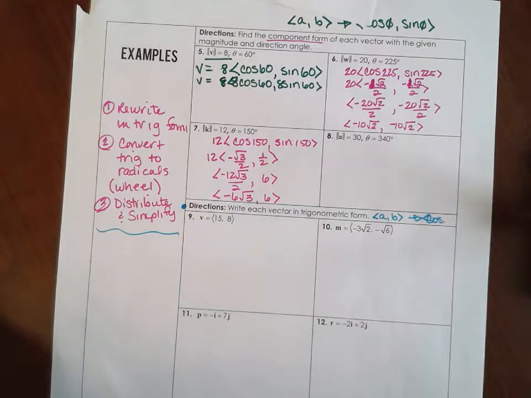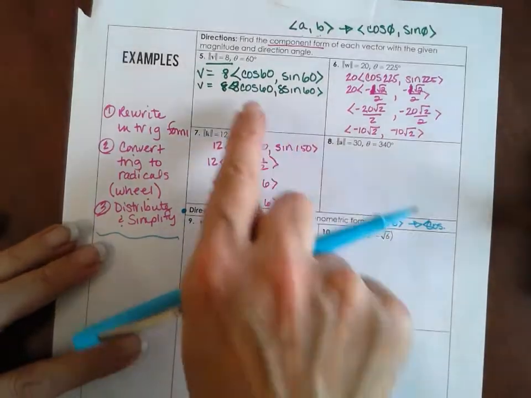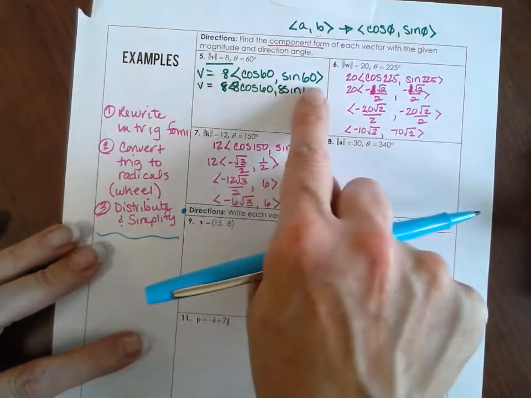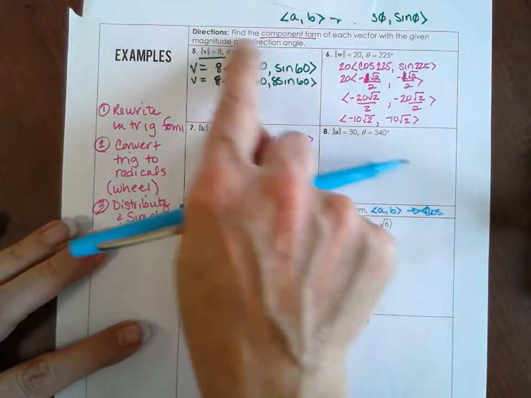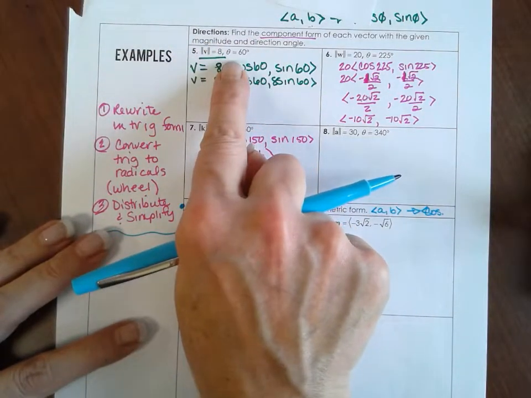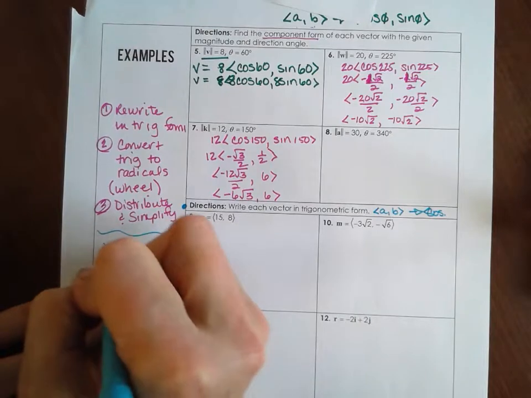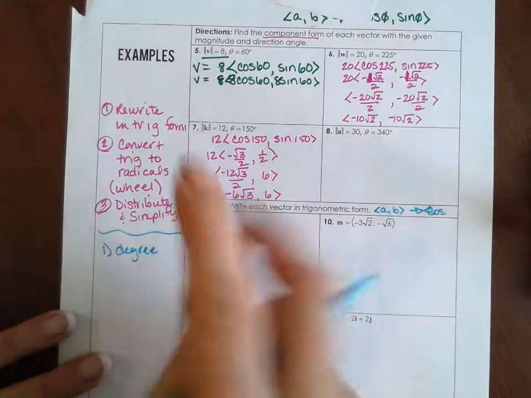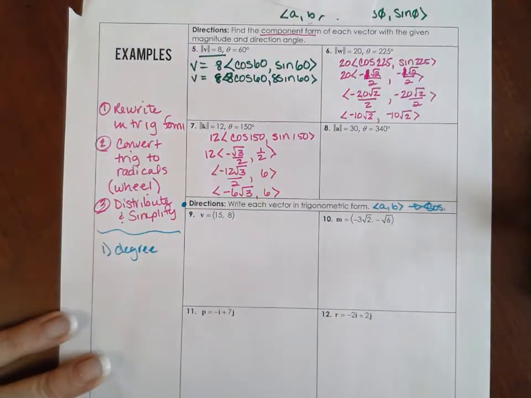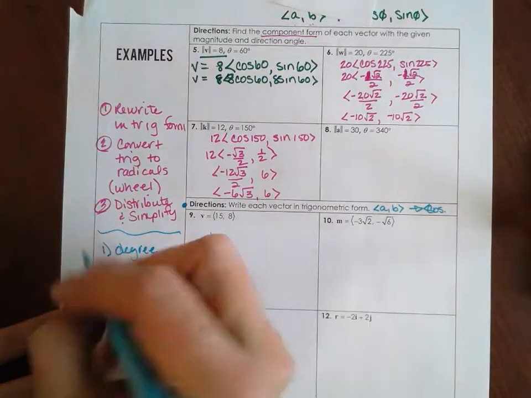Okay, but what do I have when I rewrote it into here? What information did they give me to start the problem? The degrees. So I'm looking for the angle degree, right? And what else was given to me? The magnitude.